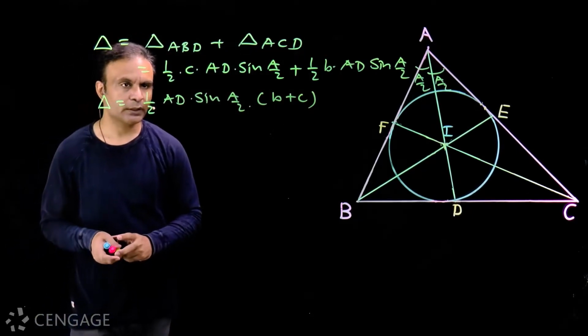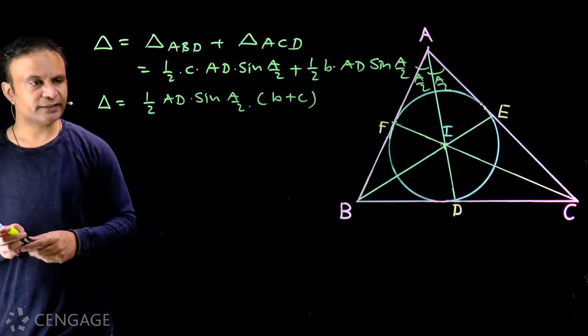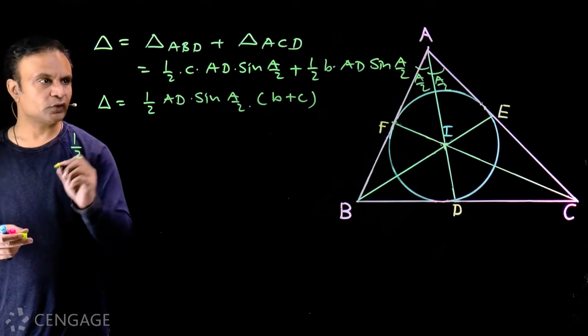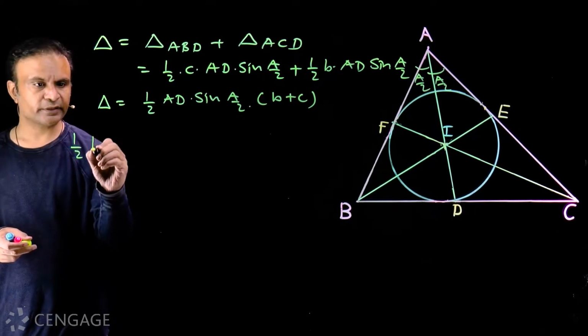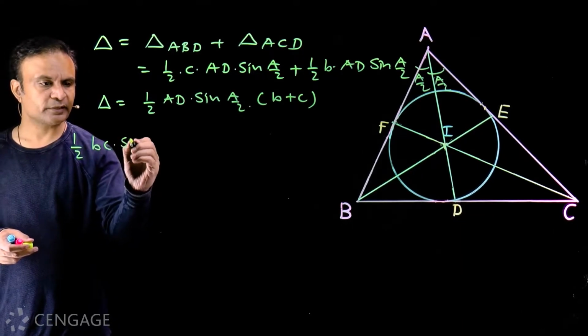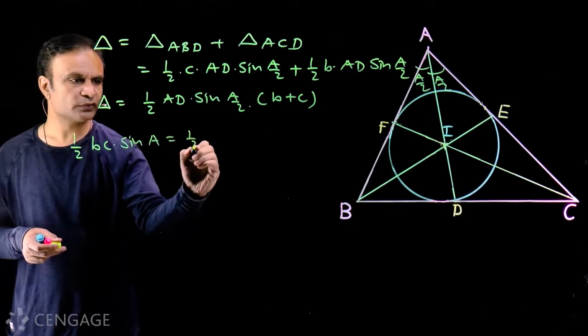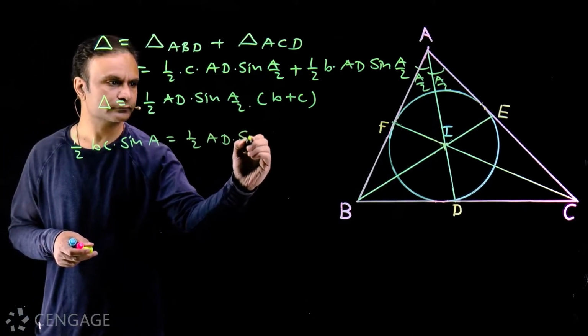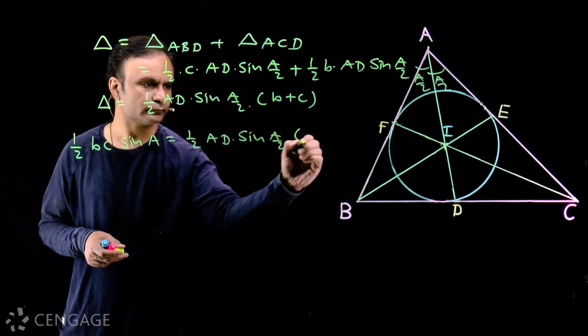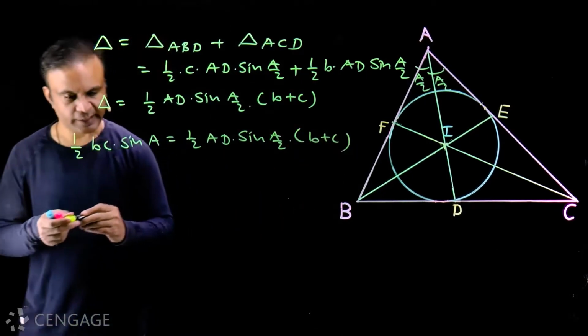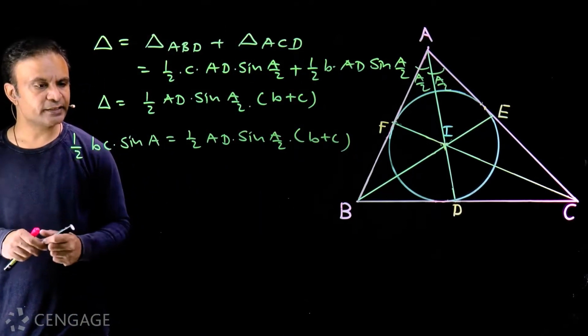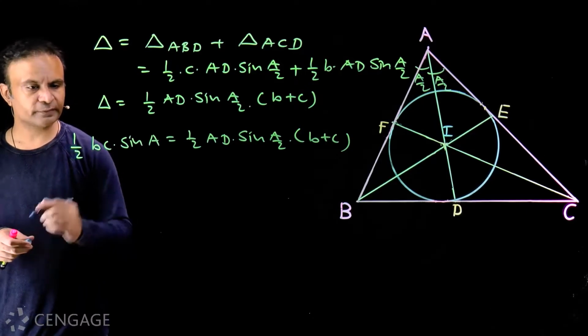Now delta is also 1 upon 2 multiplied by bc multiplied by sine A, and sine A is 2 sine A by 2 cos A by 2.